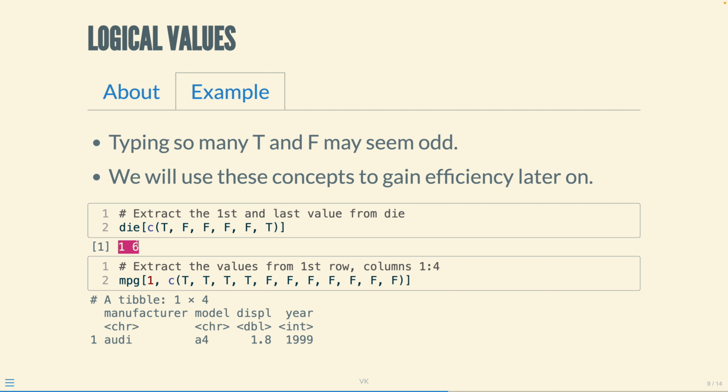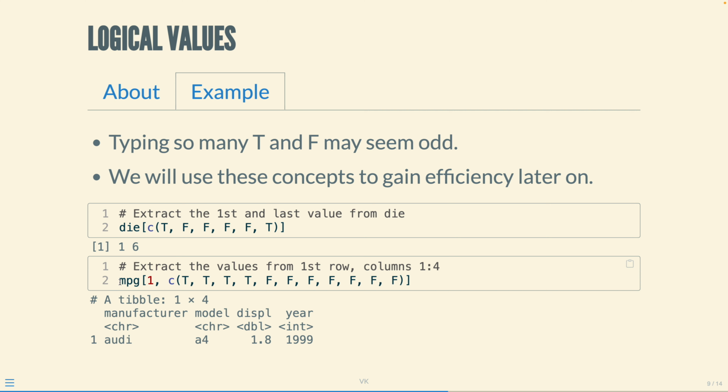So notice the output here is just 1 and 6, okay? You might think, well, in very big data sets, typing so many trues and falses might be inefficient and odd, but these types of concepts will be used to gain efficiency later on.